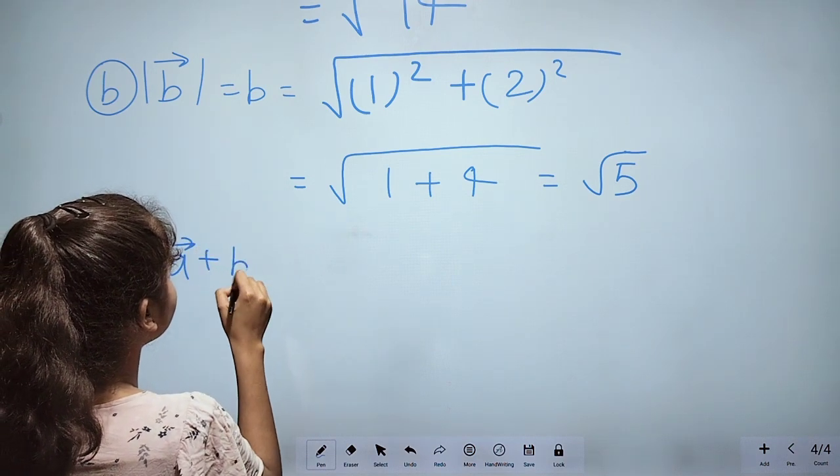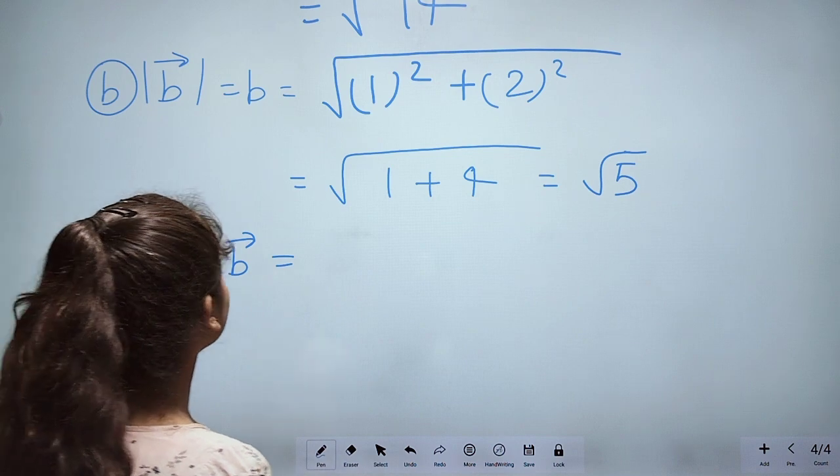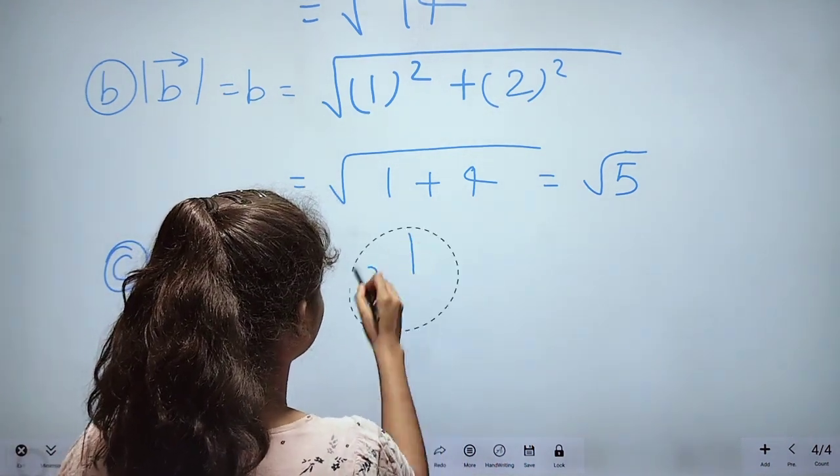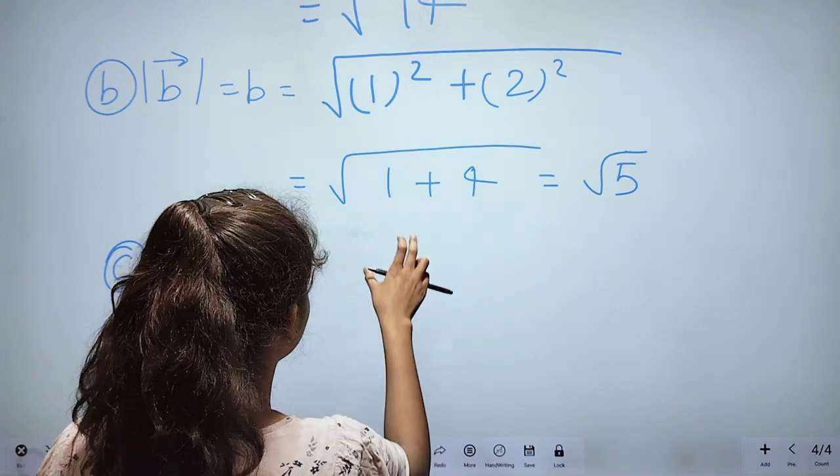A vector plus B vector. Okay, so we have to add A vector plus B vector.